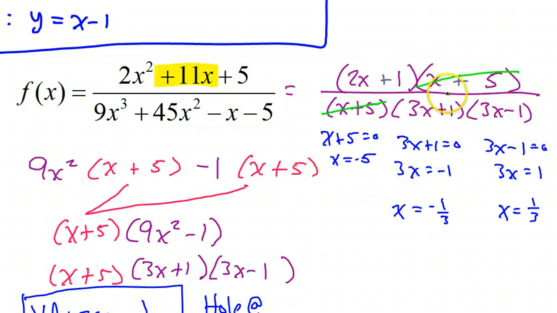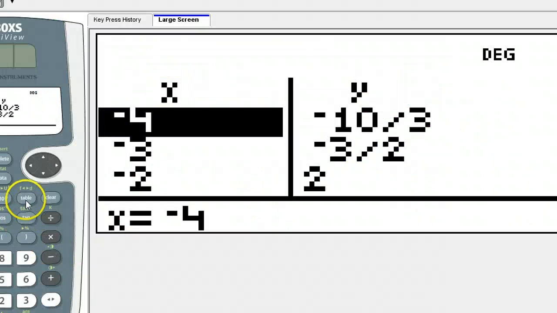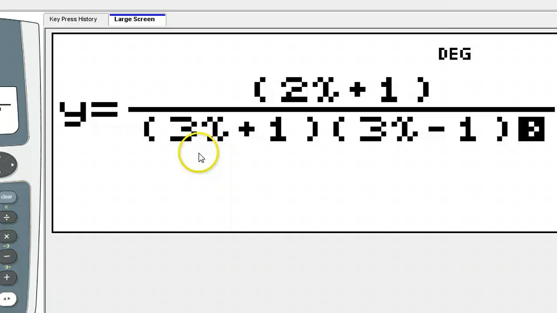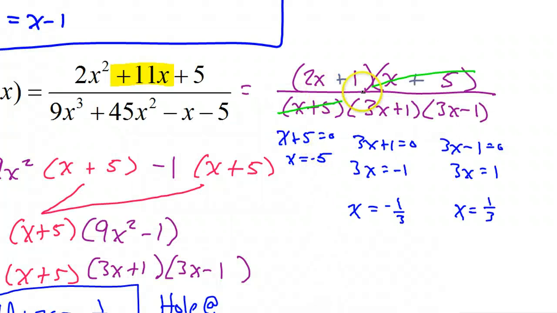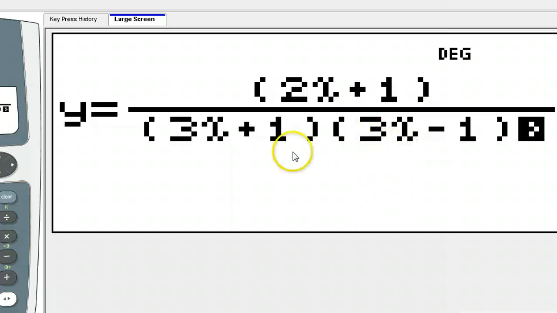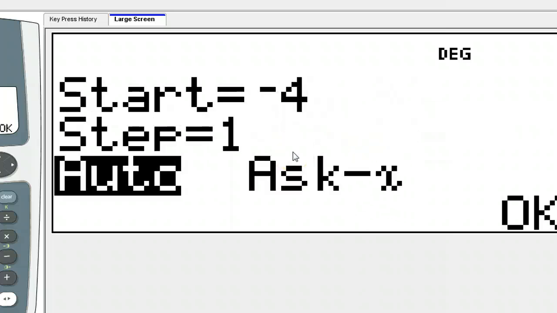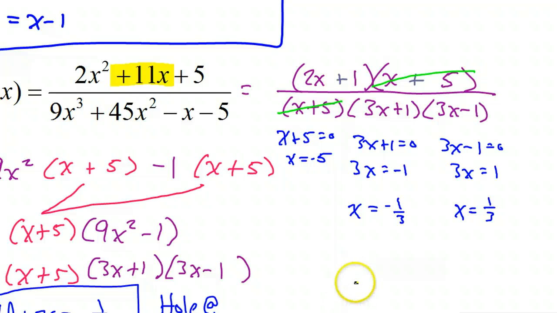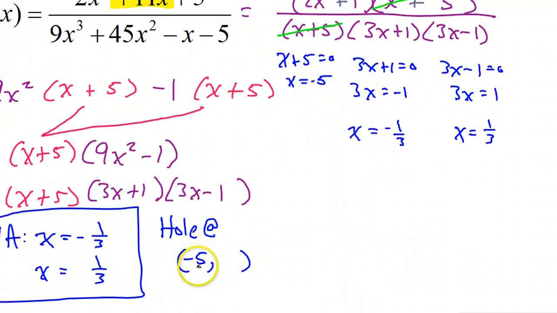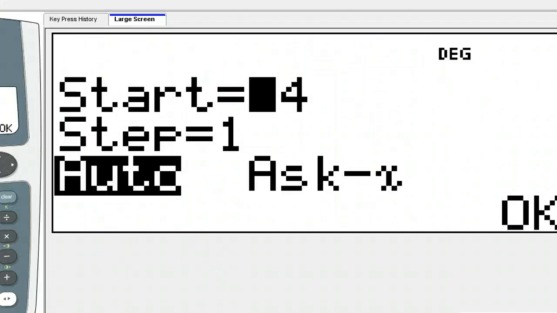Okay, so I'm going to put that in my calculator. Let me just make sure: 3x plus 1, 3x minus 1, 2x plus 1. Okay, I've typed it in. Now I want to know what's happening at an x value of -5. So I'm just going to tell it to start at -5.